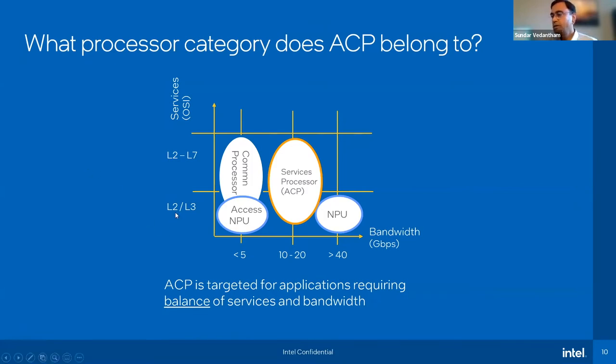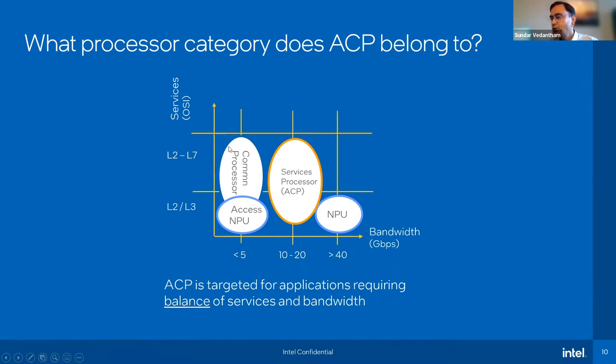And whether you are trying to do L2, L3 processing or more L3, L7 kind of processing, which OSI layer you are in, depending upon that, there may be some sort of a network processing unit, which means it's not very flexible. It can do L2, L3 only, but it can do that phenomenally fast, right?